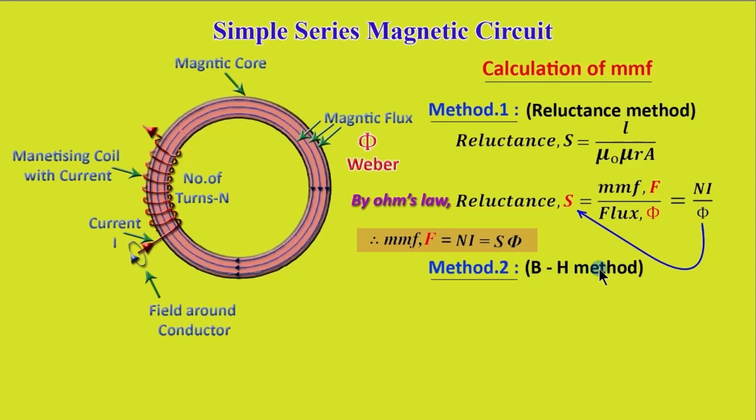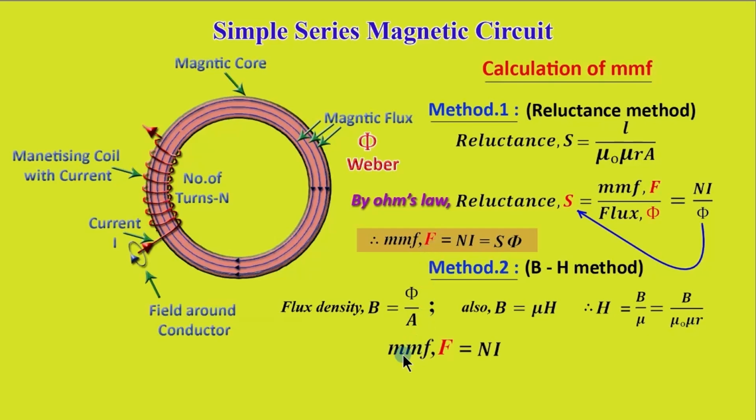Next method is the BH method. We know that flux density B is equal to total flux divided by area of cross section. Also, B is equal to μ into H. Therefore, H is equal to B divided by μ when μ is brought to the left-hand side. That is equal to B by μ0 μr, since μ is equal to μ0 μr.